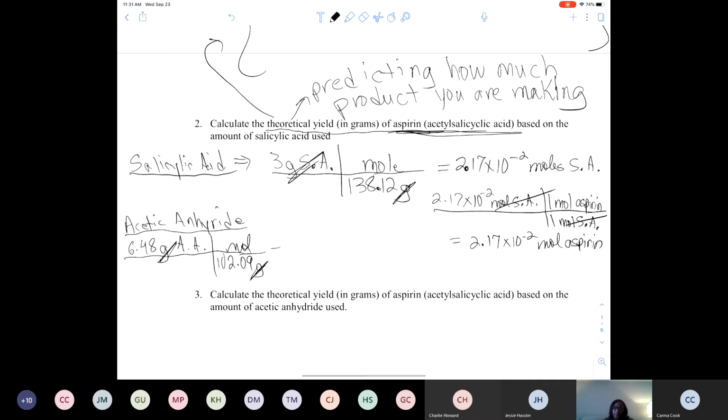So the grams cancel. So we calculate how many moles of acetic anhydride we used. 6.48 divided by 102.09. And that gives us 6.35 times 10 to the negative 2.